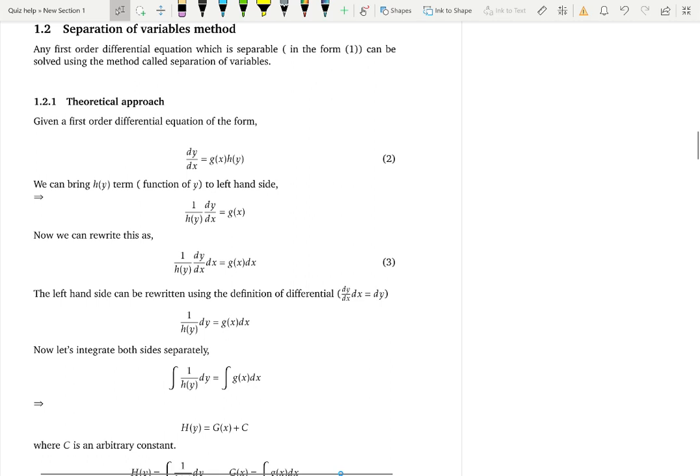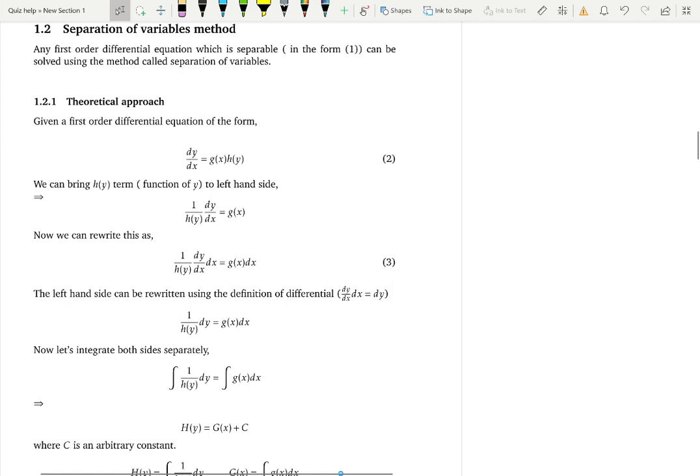That means, let's say I want all the terms with variable y on the left hand side, only terms with y on the left and all the terms with only x on the right. So you completely separate the terms with variables y and x on the left hand and right hand side respectively. From there, you integrate both sides.